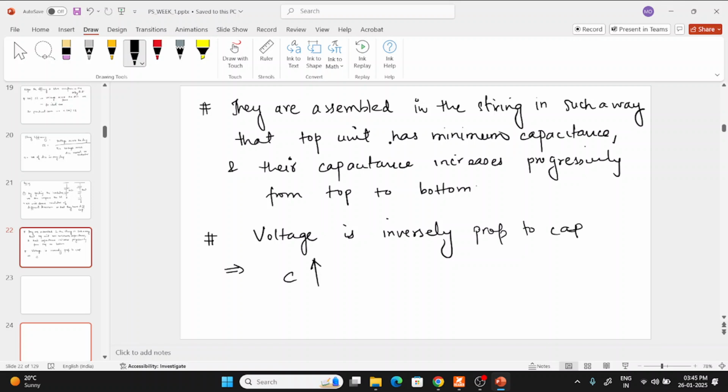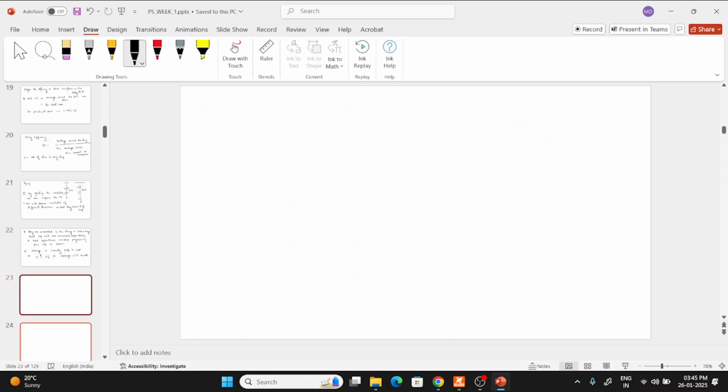If C increases, voltage will get decreased. So the voltage will equalize. Okay, this is how string efficiency can be increased.